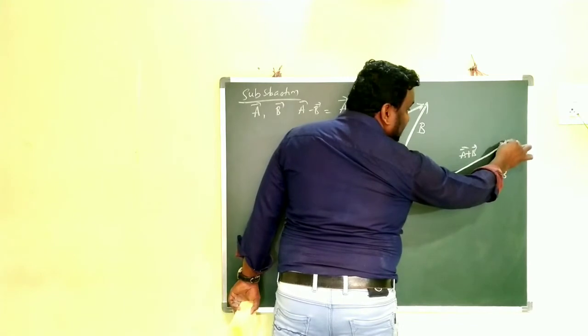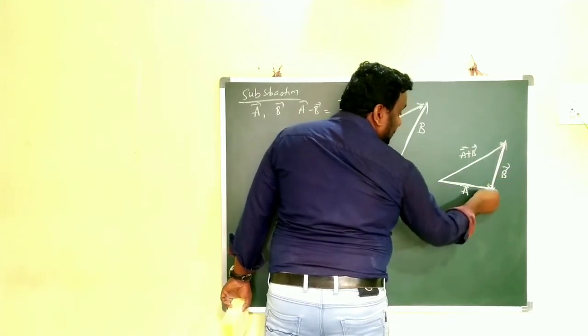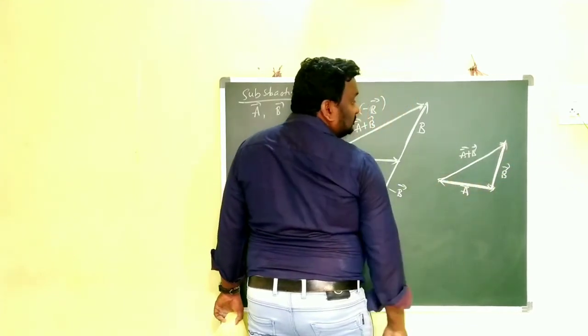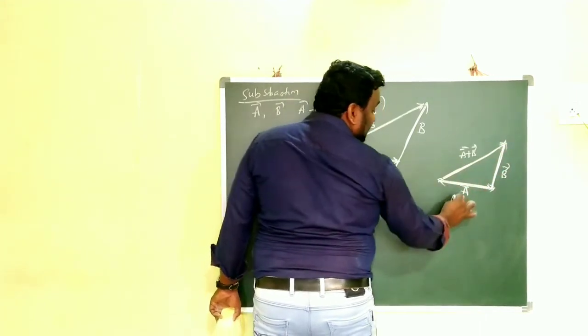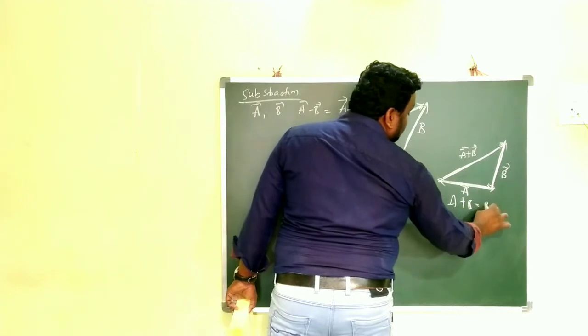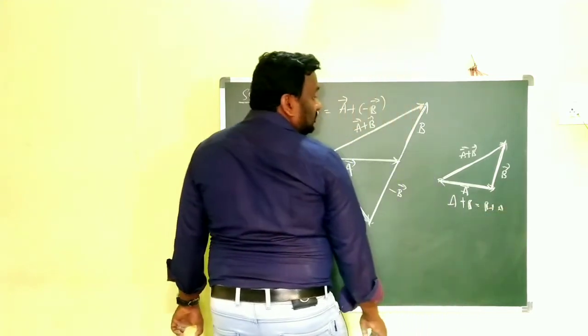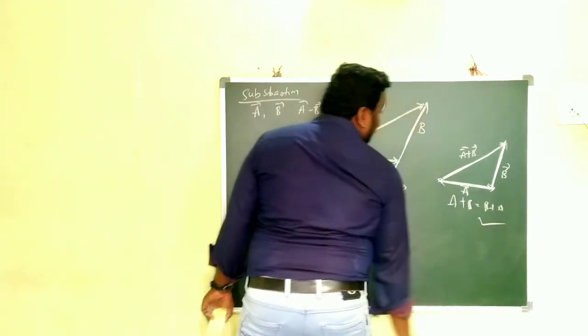And now we can take this as B and this as A. Now what is it? B plus A. So that means A plus B is equal to B plus A. It obeys the commutative law in case of addition.